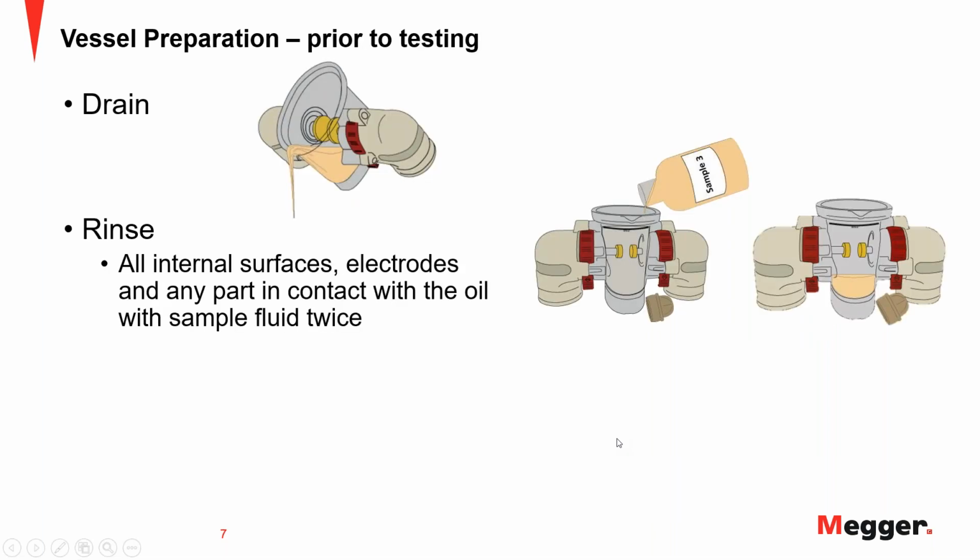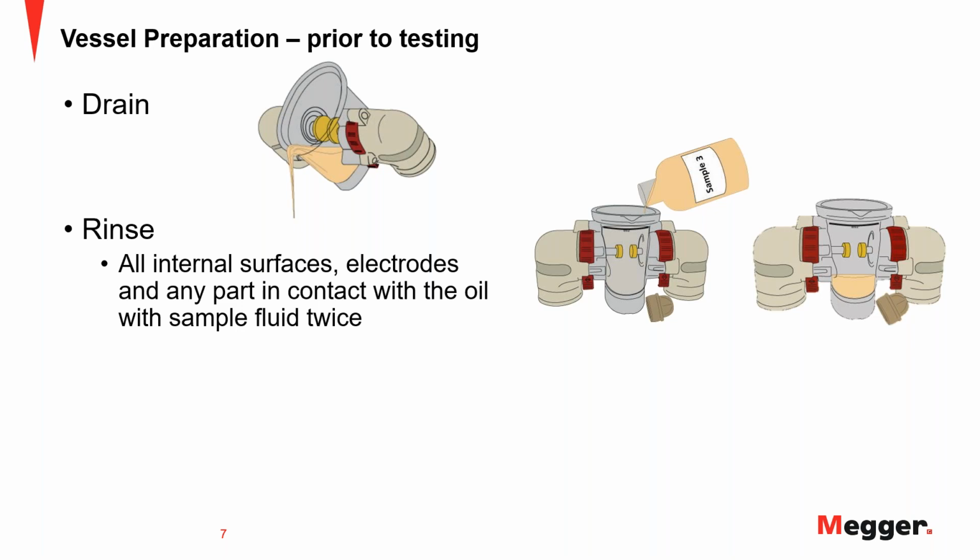Okay, so we have cleaned the cell. This example here is basically if you have a cell that has been stored with oil, or if you're testing another type of oil, you need to make sure that you drain that first completely. So you remove all of the previous sample. You then need to rinse all the internal surfaces.